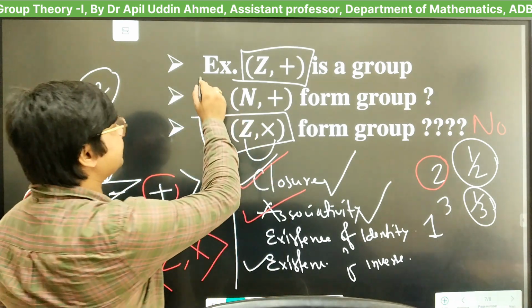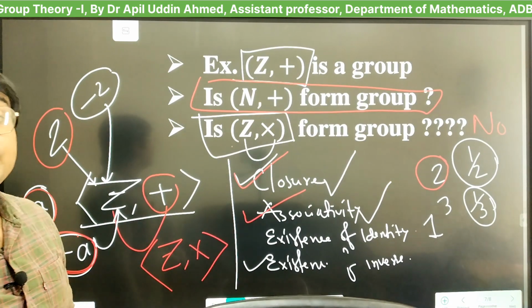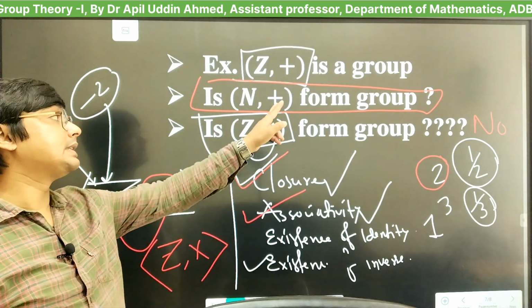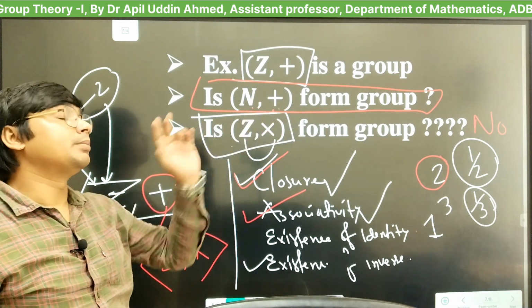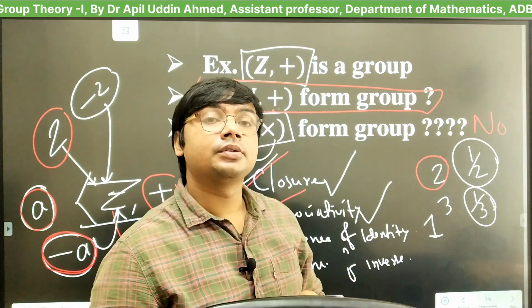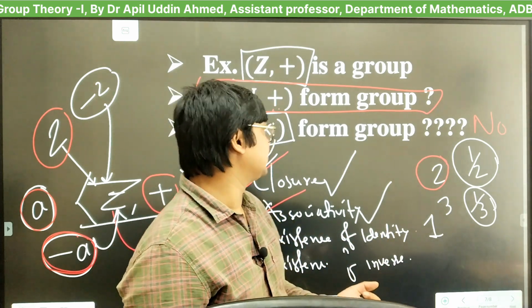And similarly, if we consider the set of natural numbers with respect to addition, this is also not a group, because this set of natural numbers does not contain the identity element, and inverses with respect to addition also do not exist.